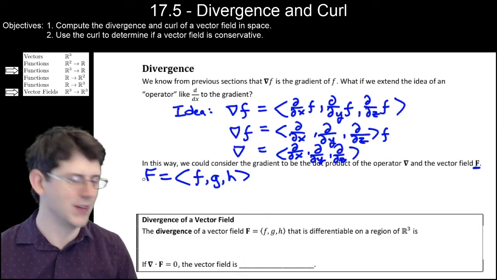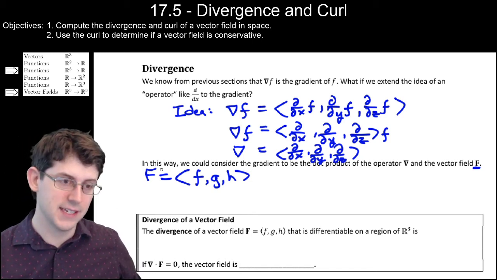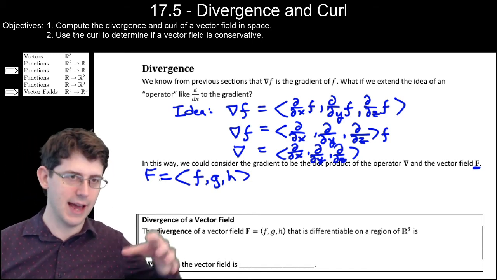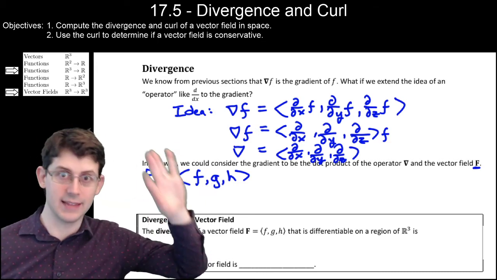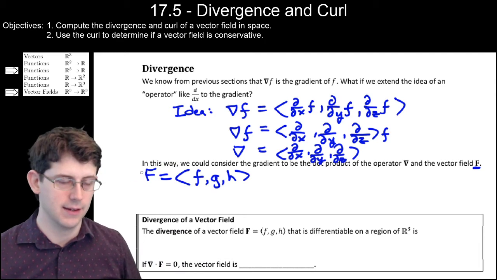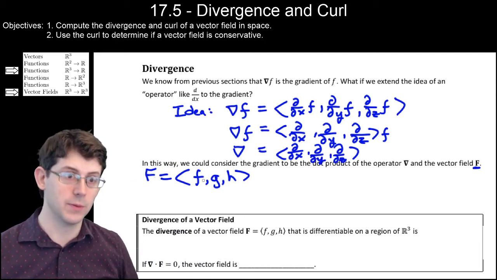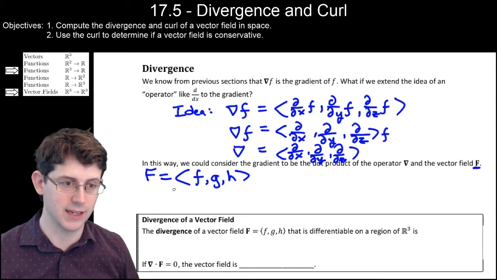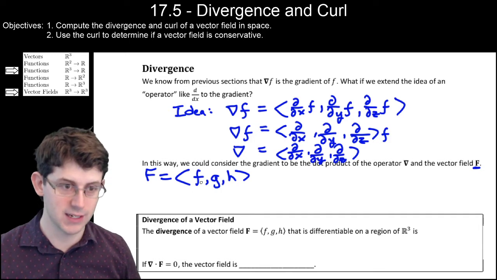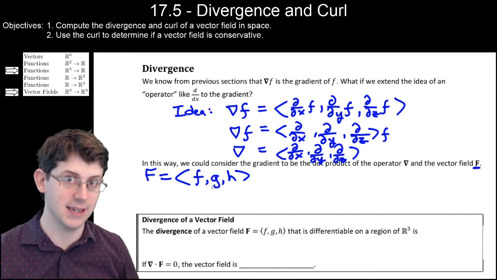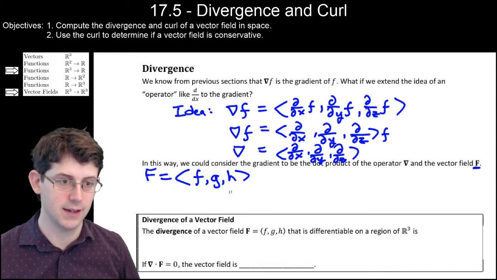A vector field in 3 dimensions would be like, at each point in space, there's an arrow that tells you how the wind is blowing at that point. That means the input would be a point in space and the output would be a vector. If you plugged in x equals 1, y equals 1, z equals 1, you'd plug those into a function in the first slot, a function in the second slot, and a function in the third slot. So this is a vector field.